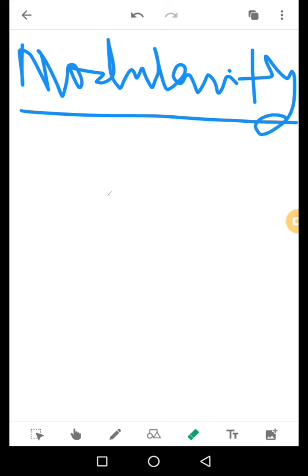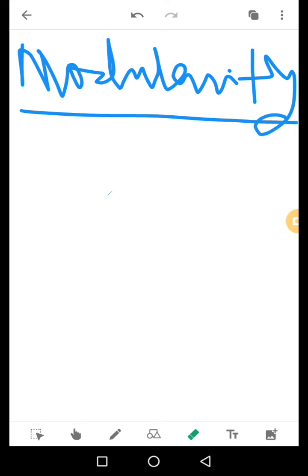Then coupling. A qualitative indication of the degree to which a module is connected, that is, related to other modules and to the outside world. So that is what we call coupling.